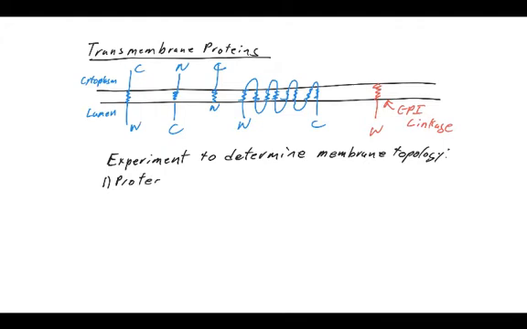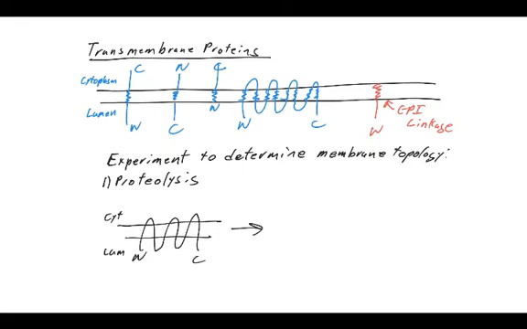So you can imagine you have a membrane protein, and let's just put this on the cytosol. This is the lumen, and it loops back and forth, right? Now, if you treat that with a protease, the protease is out here on the outside, like a little Pac-Man coming in to chew up the external domains.